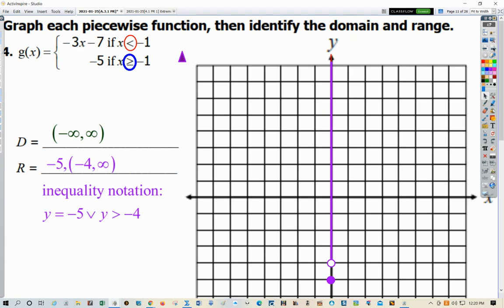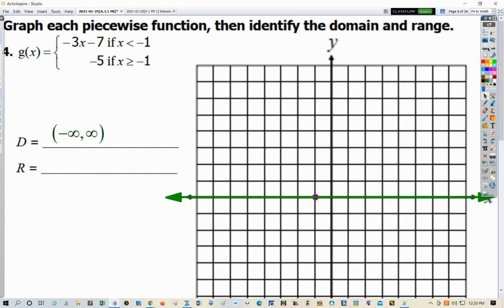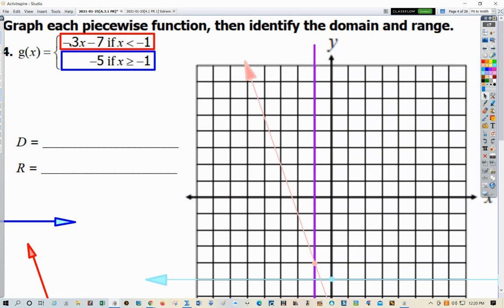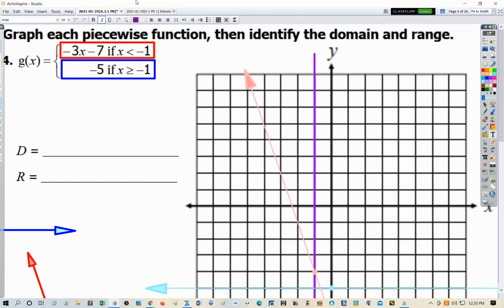Last thing is I want to show you a shortcut. So think about what we did here. When we were graphing the function, we went through a bunch of steps. We went through this step where first of all, we just graphed the red equation, right? We graphed the equation literally. We graphed the line y equals -3x minus 7.